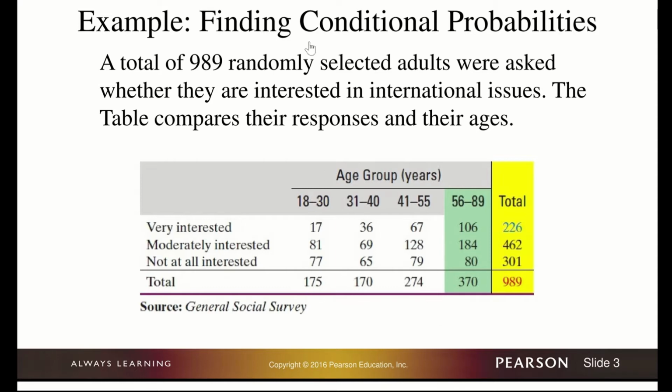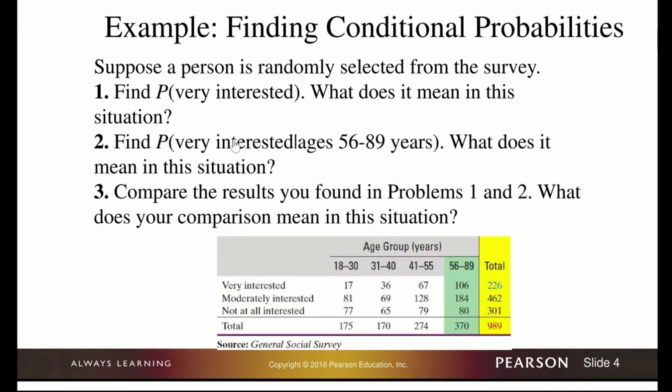All right, so let's see if we can answer some questions. The first thing we're going to do is find the probability that one of the individuals in this survey, being randomly selected, is one of those who is very interested. And then we'll do a conditional probability.